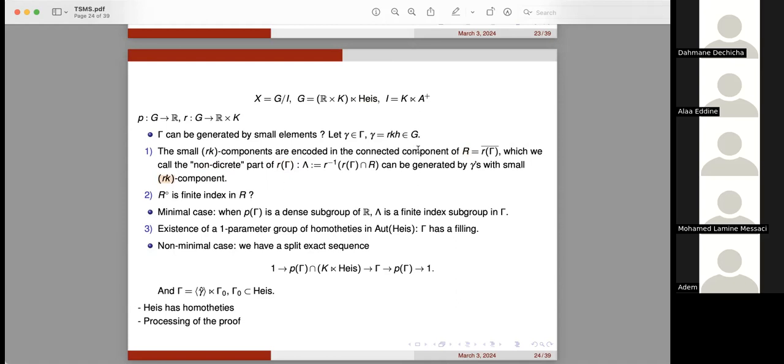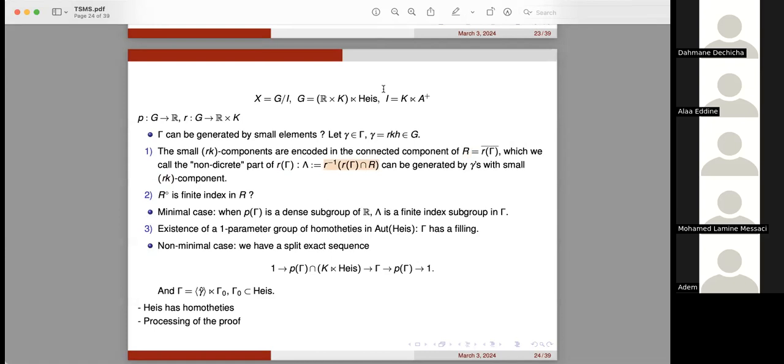Because the projection of gamma is dense in the identity component here, it can be generated by any small element. And it will also be the case if we take the pre-image of this group by R inside J. I forgot to say that this standardness question is considered on gamma up to finite index.